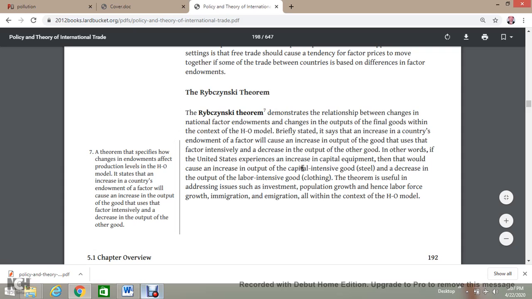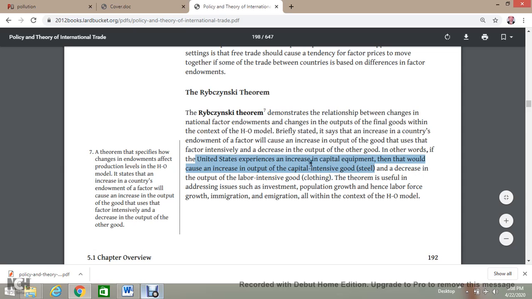In the US, suppose two commodities are produced, steel and clothing. In order to manufacture steel, the US utilizes capital equipment, and there is an increase in capital equipment, which will increase the output of the capital intensive good, that is steel.